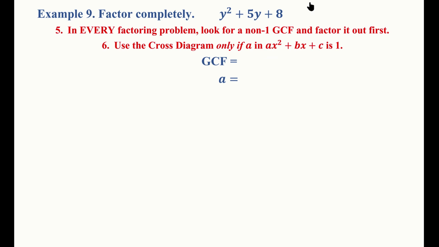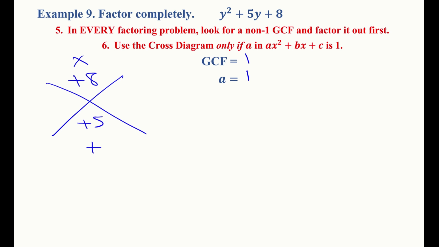Try this one for the road. This is our last one. Notice that the GCF is 1, and a is 1. We can use the big X or the big cross, looking for two numbers whose product is positive 8 and whose sum is positive 5, right?